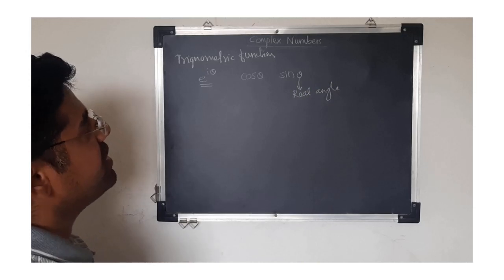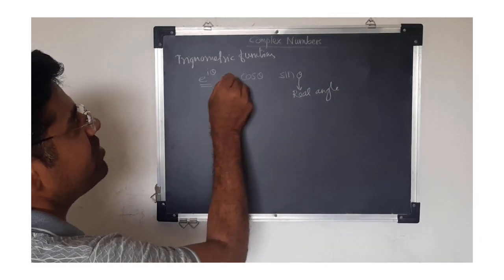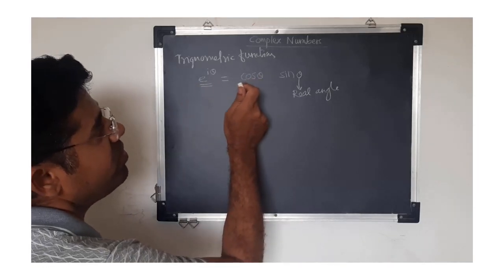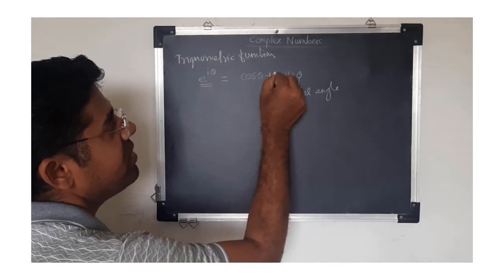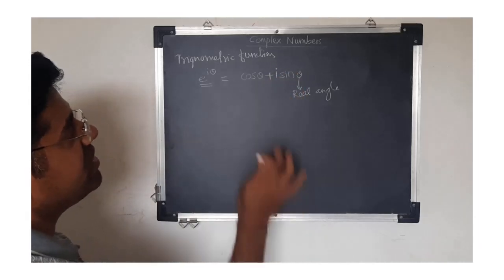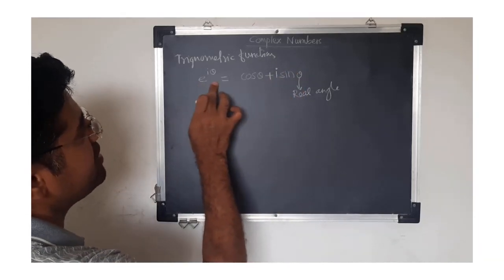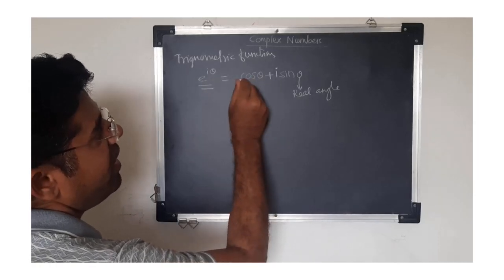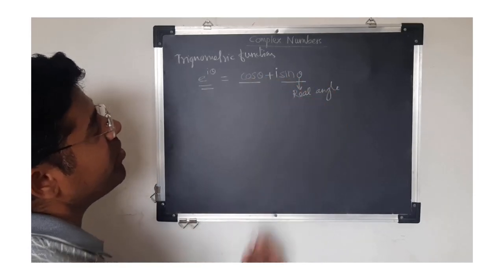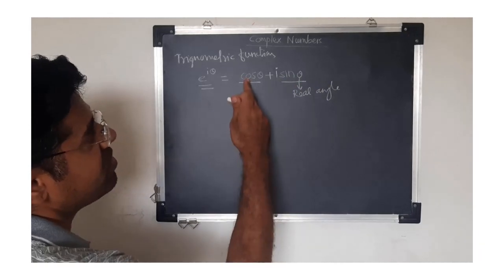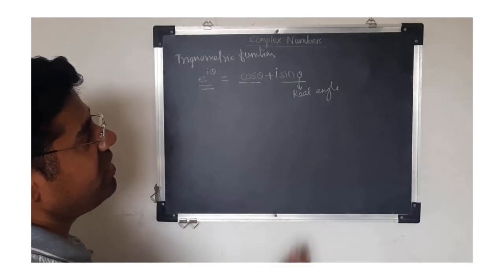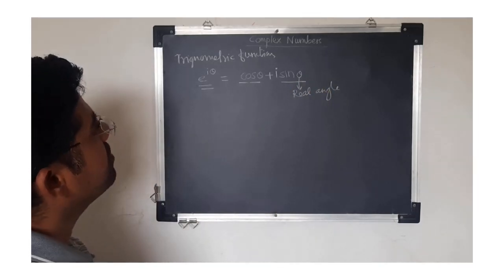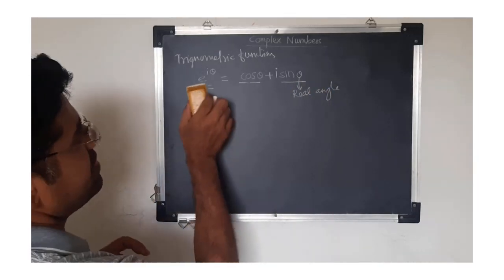So what is the relationship? That you can find out using the Euler formula. e raised to i theta is equal to cos theta plus i times sin theta. So this is a close relationship between a complex exponential and your trigonometric functions, that is your cos and sin, for any real angle.